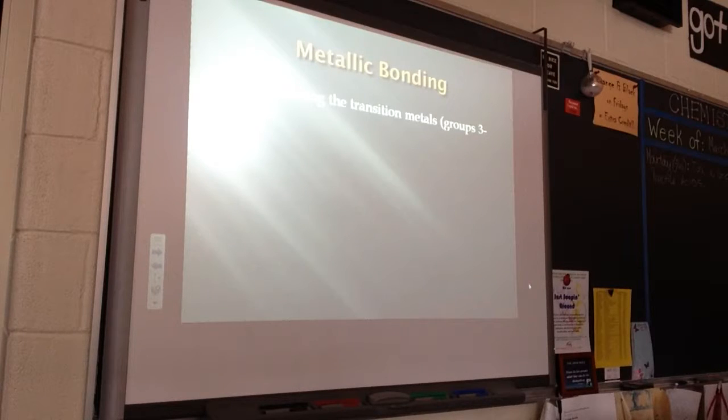That is ionic. That is not metallic bonding. Metallic bonding is 2 metals going together, and they don't go together because they have opposite charges. The metals that do this most often are the transition metals, going together with other transition metals, or the group 1 or group 2 metals going together with transition metals.